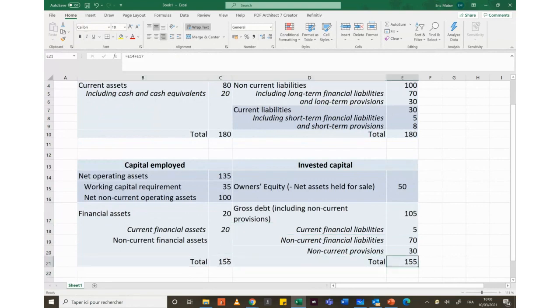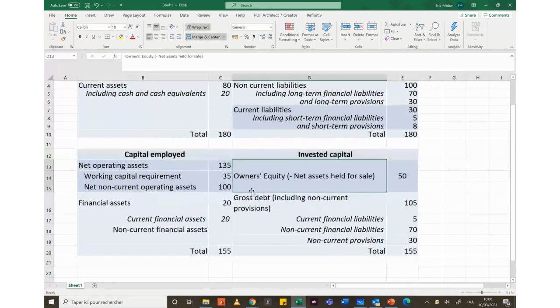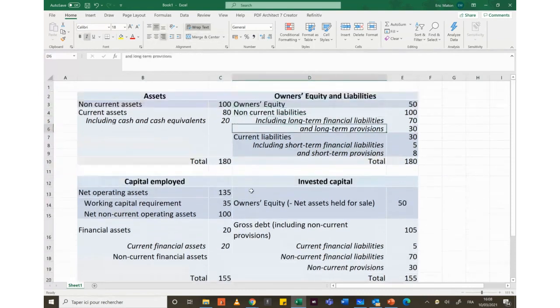So we continue with the managerial balance sheet tomorrow. And from the managerial balance sheet, we see the link with the free cash flow, with the economic profit. And tomorrow, we will calculate the NPV. We will see we have different calculations of the economic profit. And at the end, when we discount the economic profit, we finish with the same thing as when we discount the free cash flows.